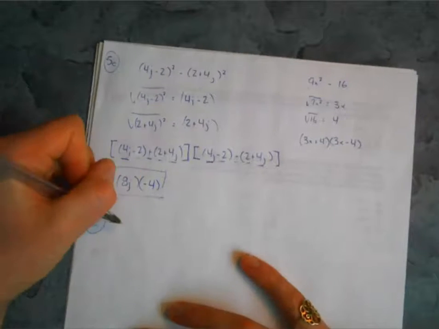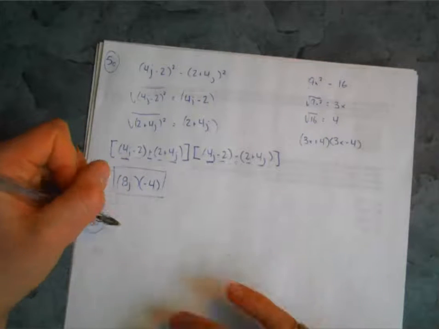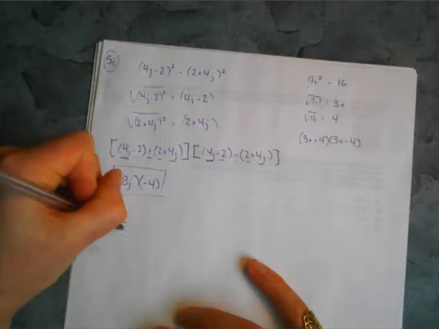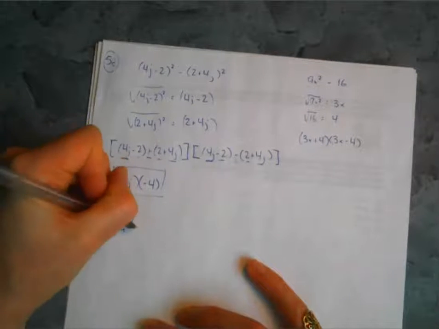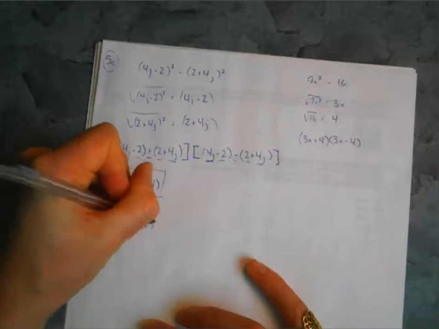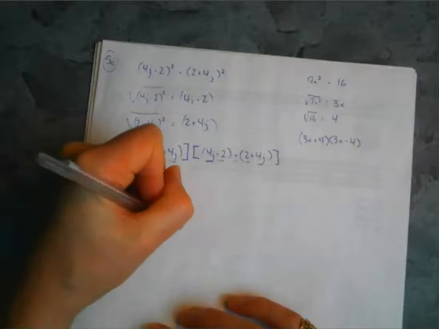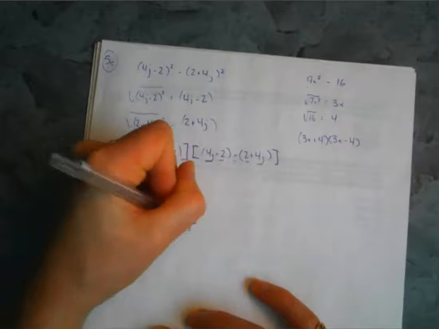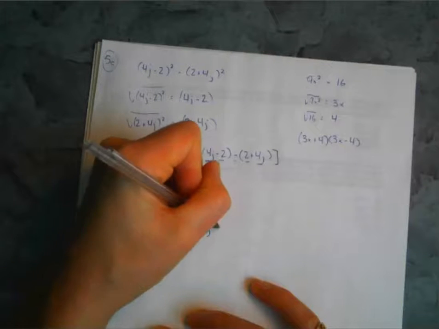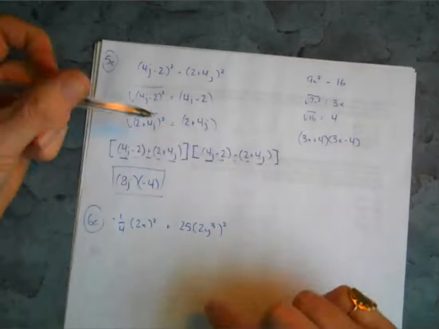So really quickly, the question that we had here for 6c was -1/4 times (2x)² plus 25(2y³)².